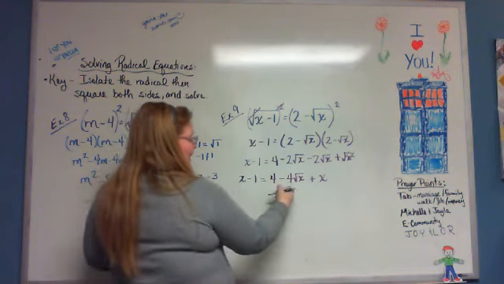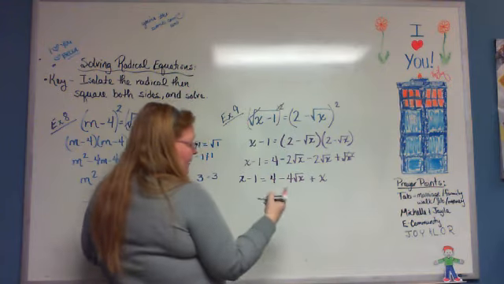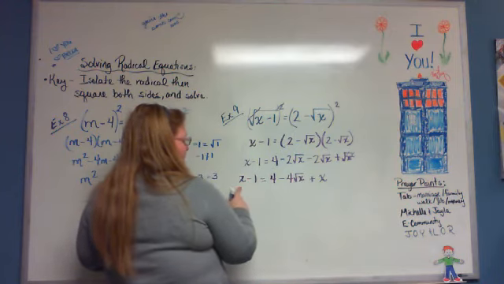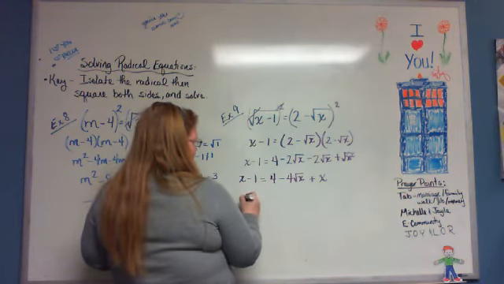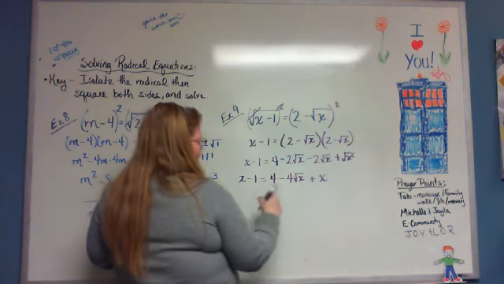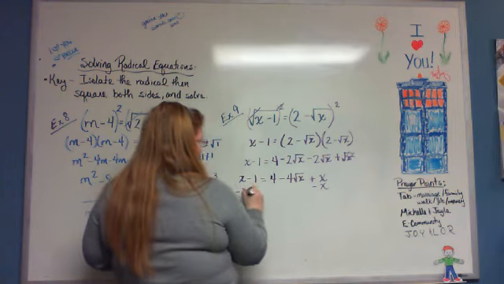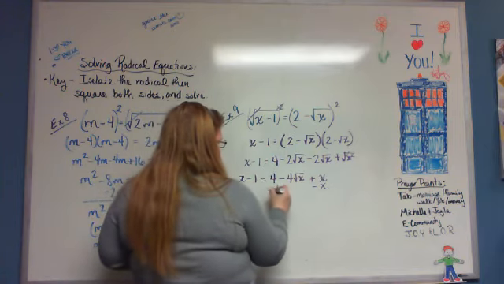Before we said we had to isolate the radical, we have to do that again. So I'll move my x over here by subtracting. And I'll subtract my 4 too.